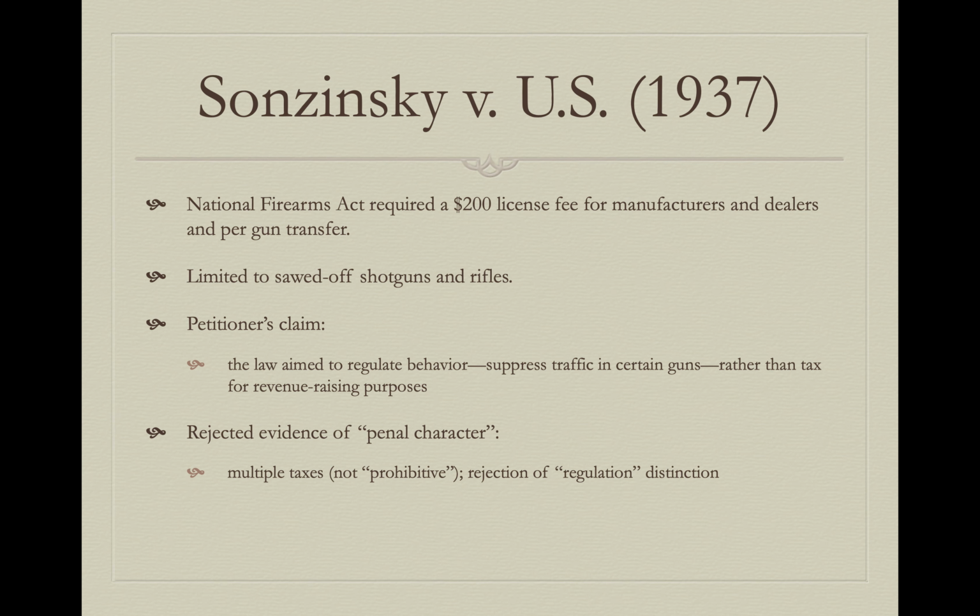So what about the argument that even if it's not so prohibitory as to be tantamount to a regulation, Congress's motive really wasn't to tax, it really wasn't to raise revenue? Congress's motive was to try to dissuade individuals from purchasing these sawed-off shotguns. So Congress's motive was highly regulatory.